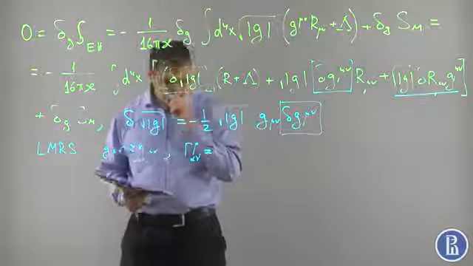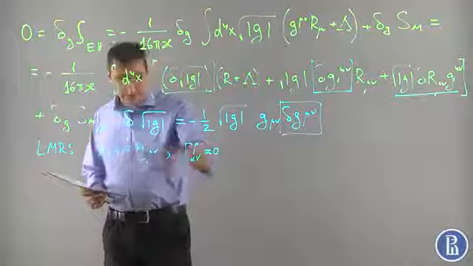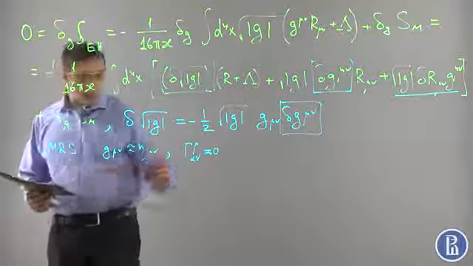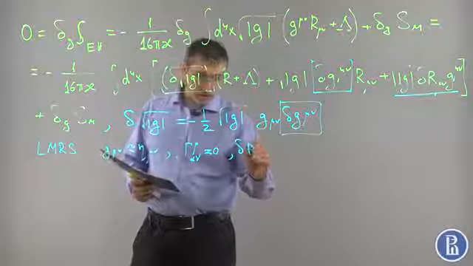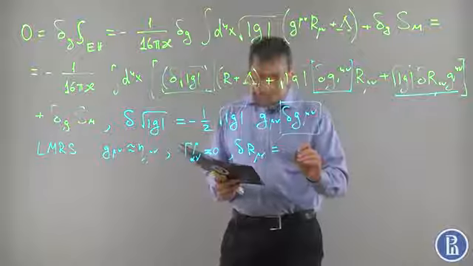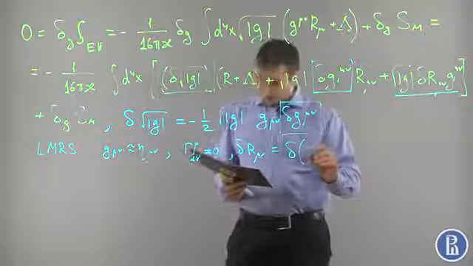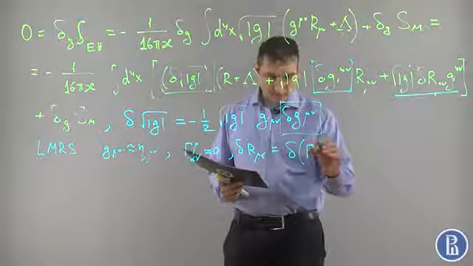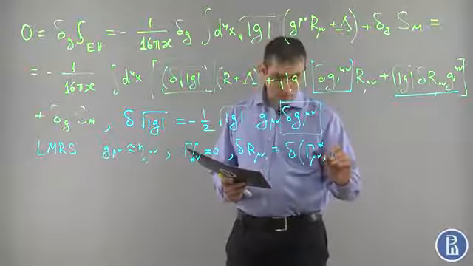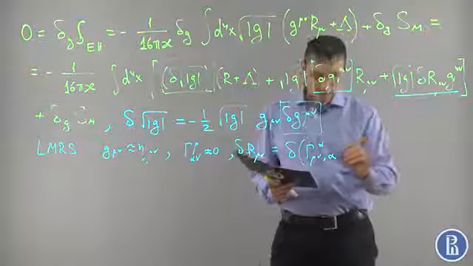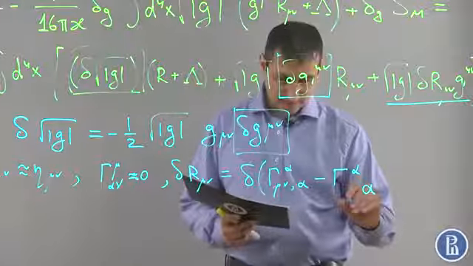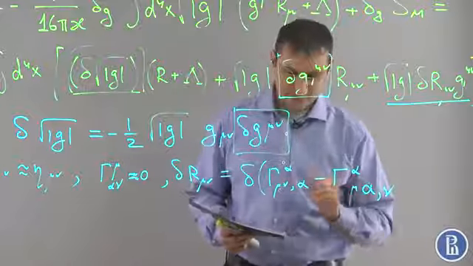Then, in the vicinity of this point, in this reference frame, we have that delta R mu nu is equal to the variation of gamma alpha mu nu comma alpha minus gamma alpha alpha mu comma nu.